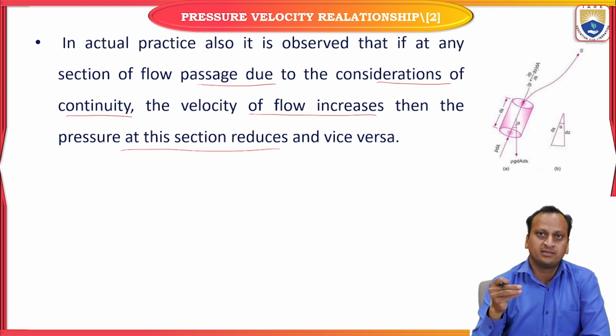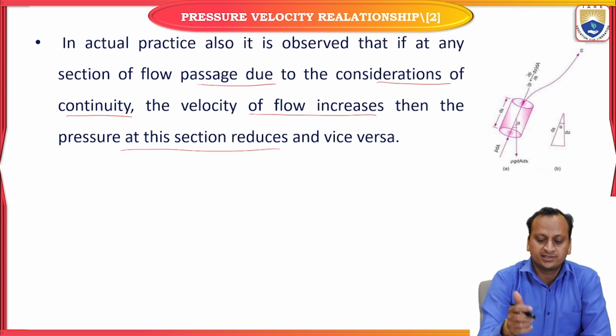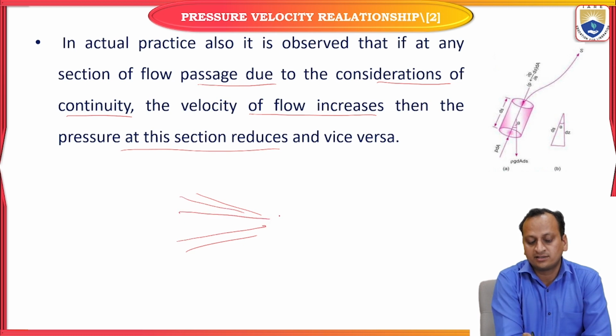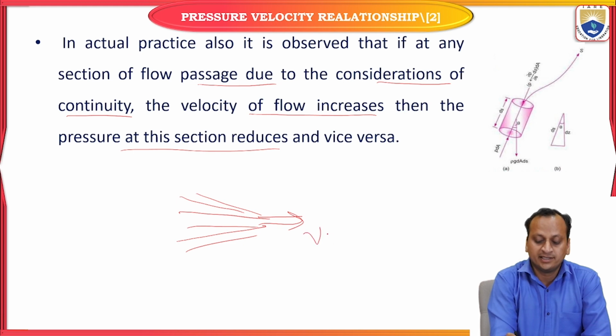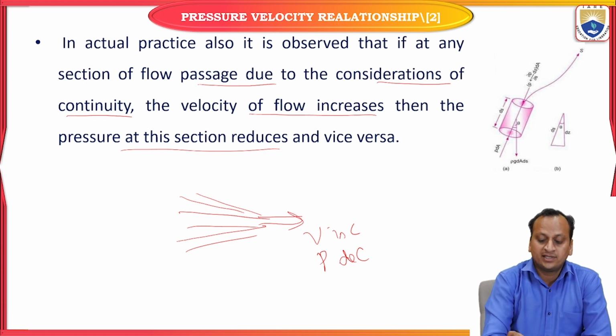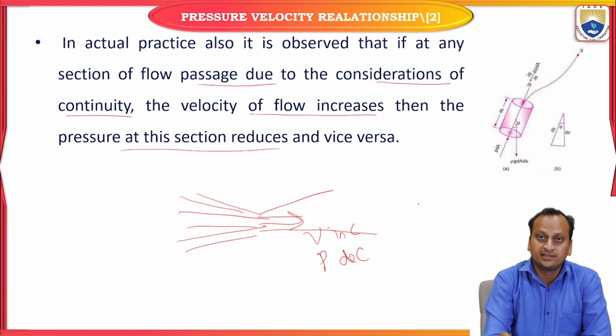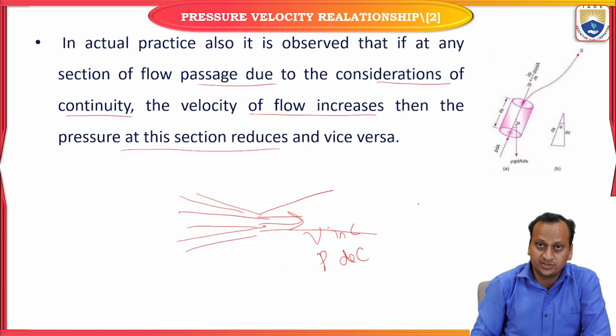If it is flowing through a convergent passage, the fluid particles start converging, therefore velocity increases but pressure decreases. As the velocity decreases, the pressure increases. So they change vice versa.